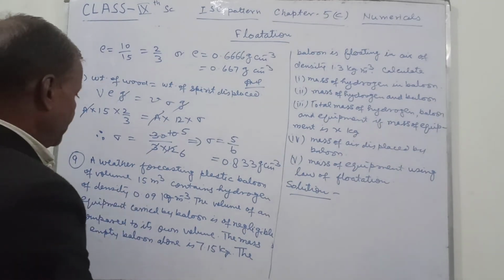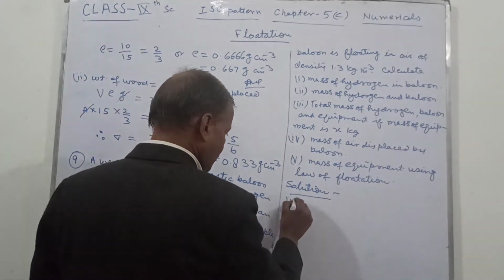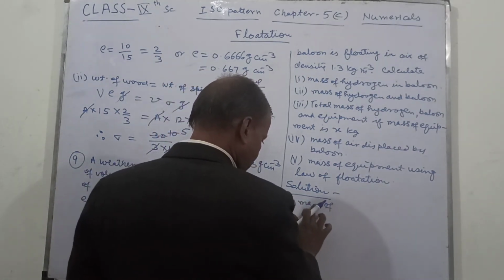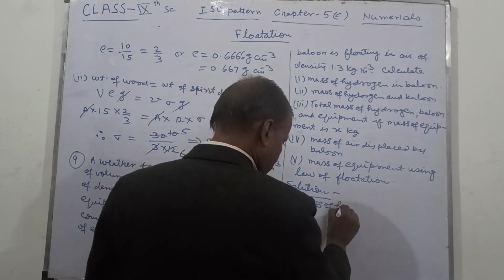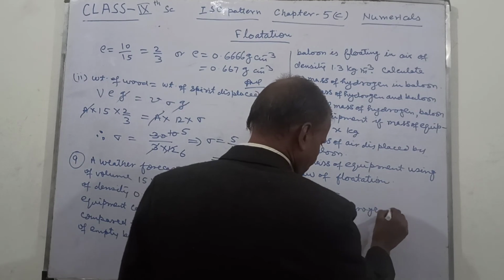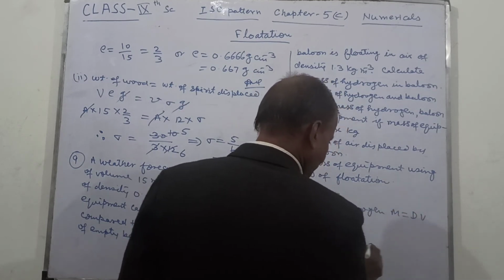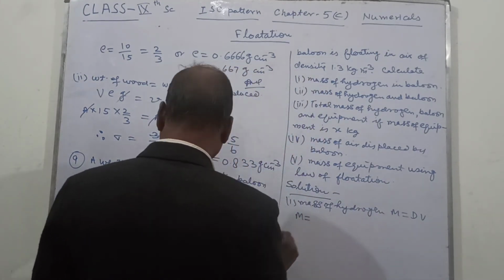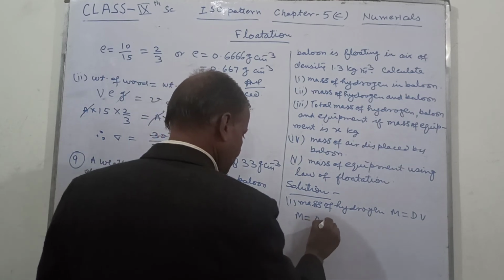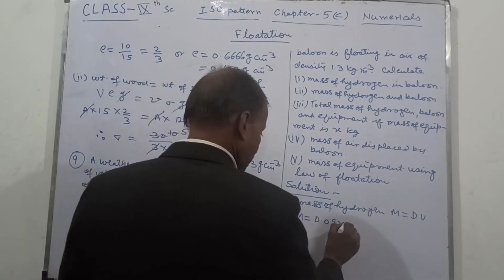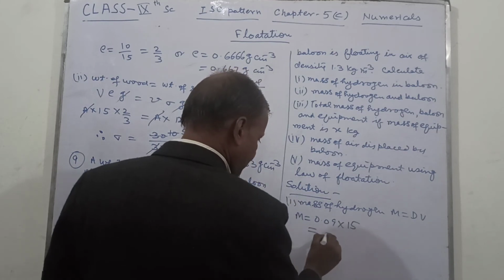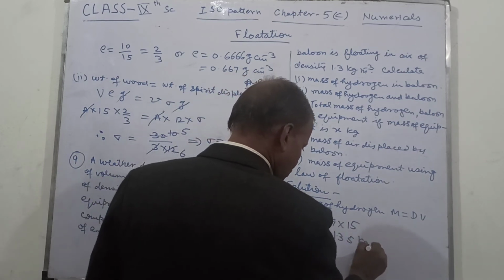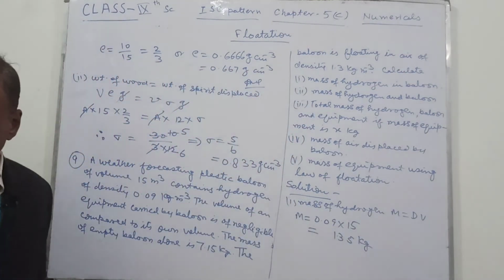So the mass of hydrogen: M equal to D into V. So M equal to D, the density, 0.09 into V, that is your 15. So 15 into 9 is 135, so this is now 1.35 kilogram is the mass of hydrogen.